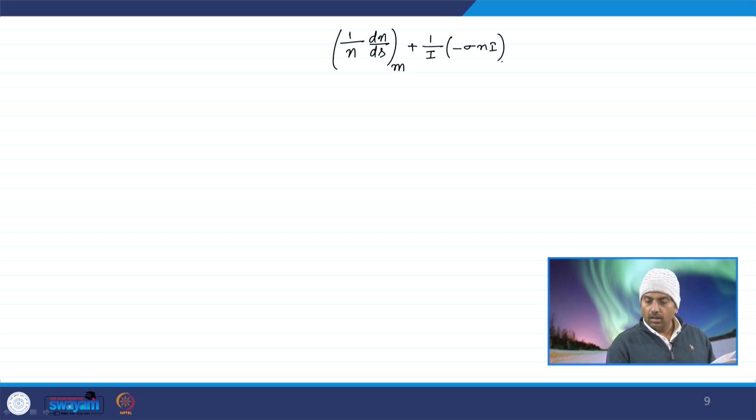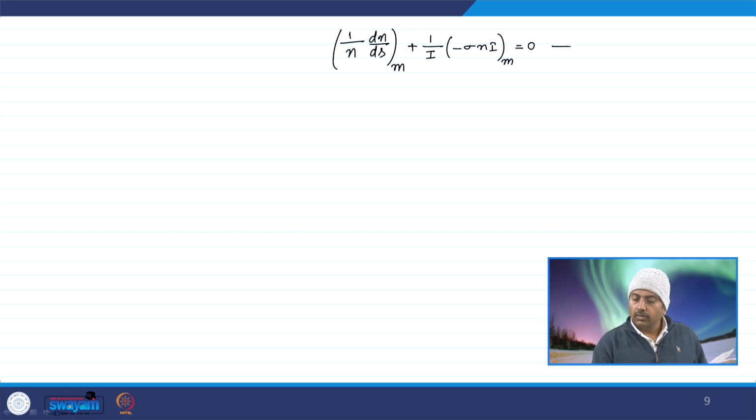Okay. So, I can write 1 by n dn by ds at the maximum plus 1 by I times minus sigma n I is equal to 0.